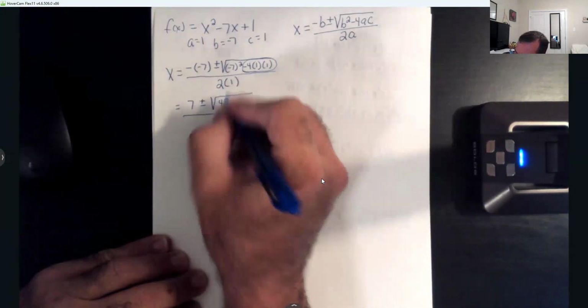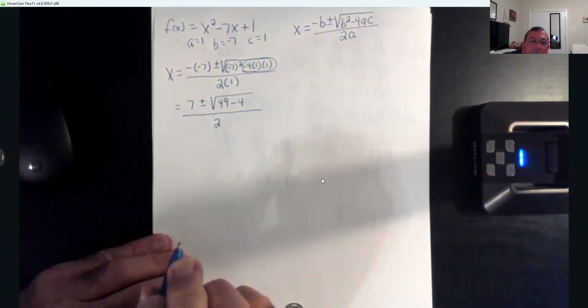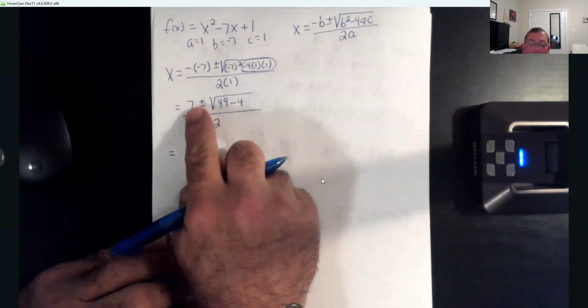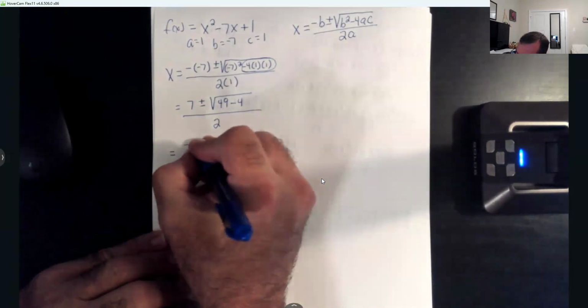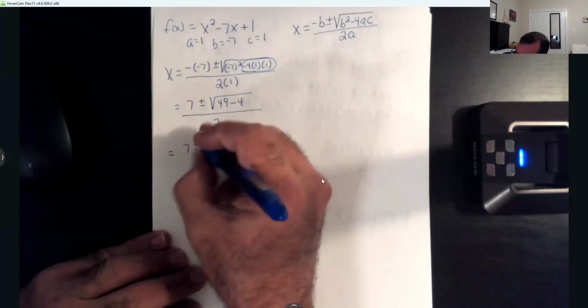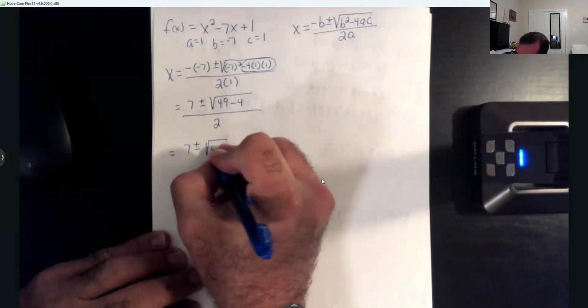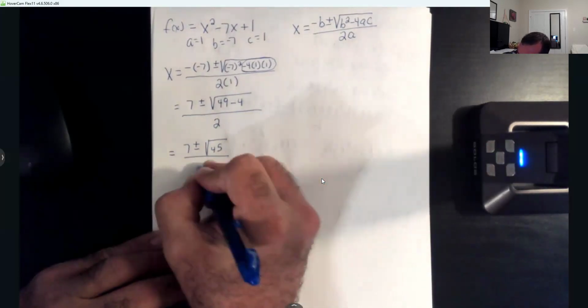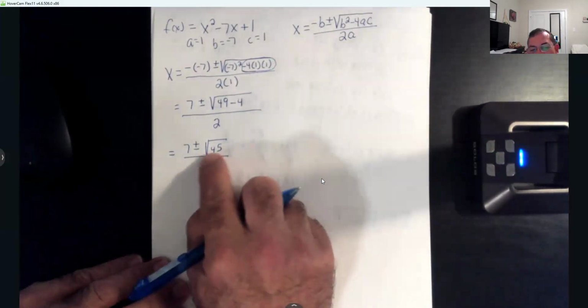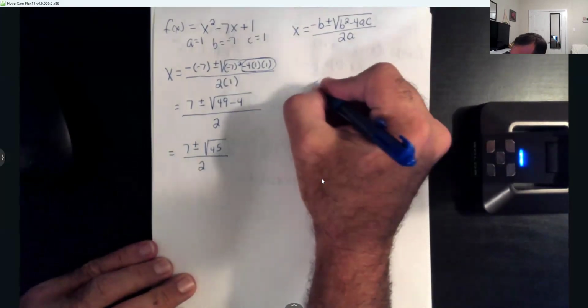All over 2 times 1, which is 2. Right, so bring down the 7, plus or minus 49 minus 4 gives me a square root of 45, over 2. So y'all, here's the trick on this one.